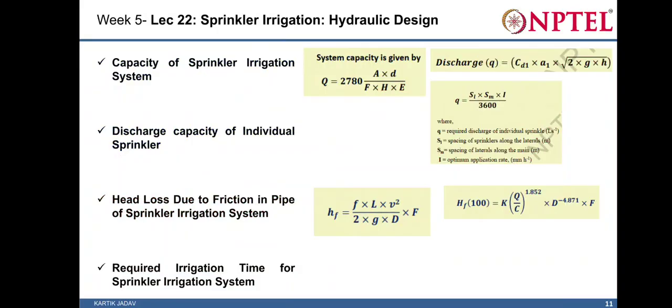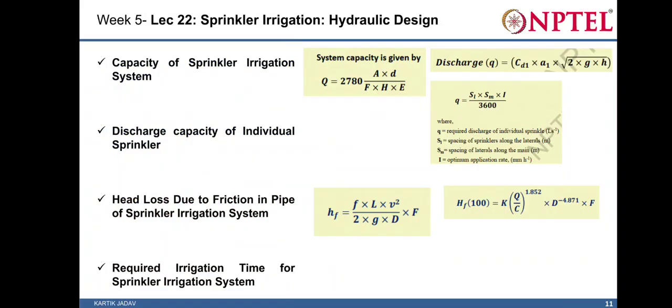Then the capacity of the sprinkler irrigation system is given by Q. It is simply area times velocity, or application rate times the area.